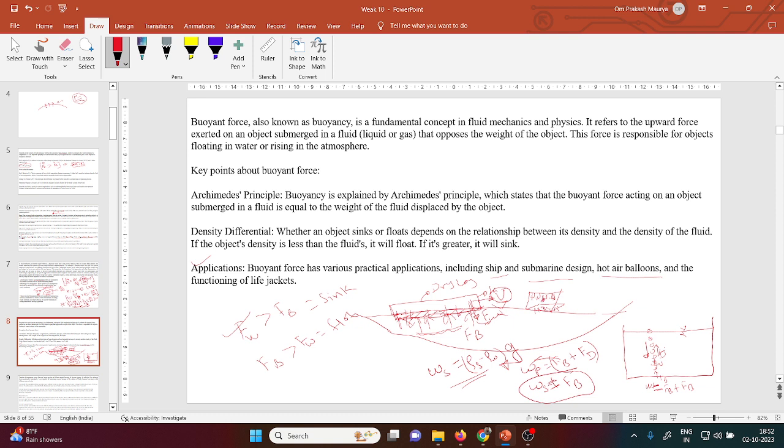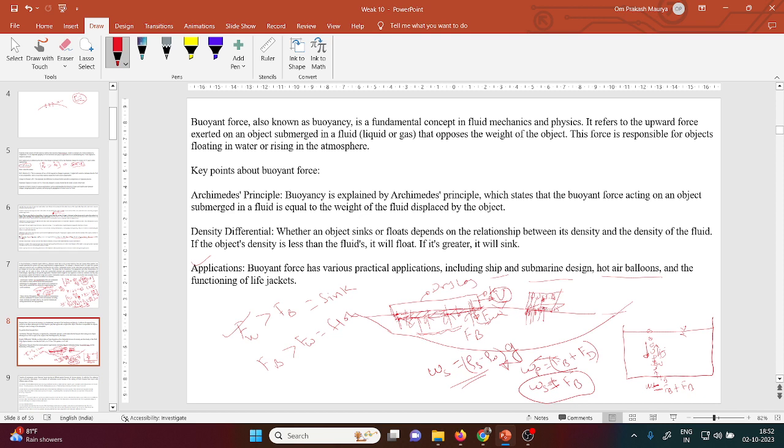Similarly, for the mathematical expression, this part of the body is applying the force downward. Similarly, this column of the water applies the force upward.